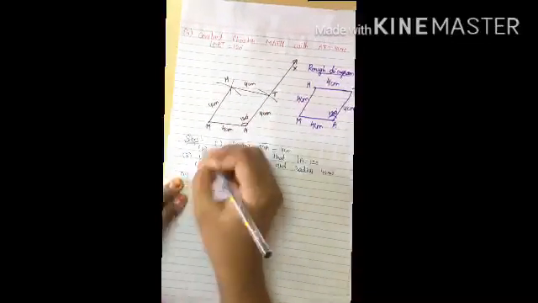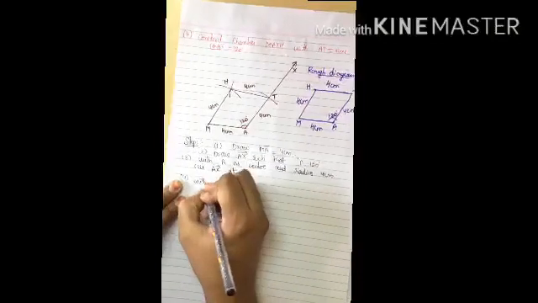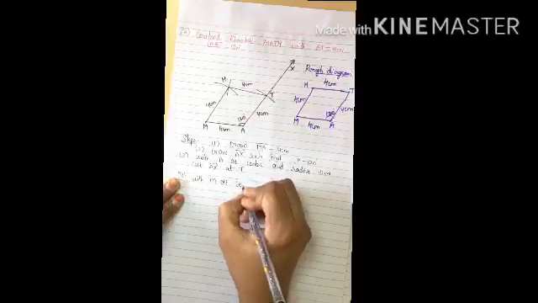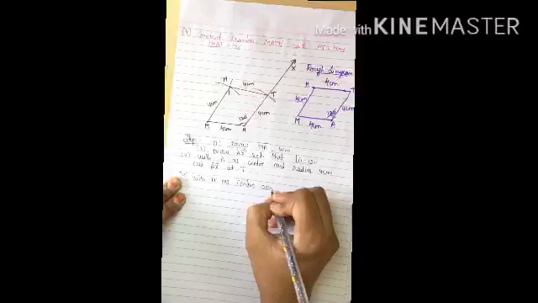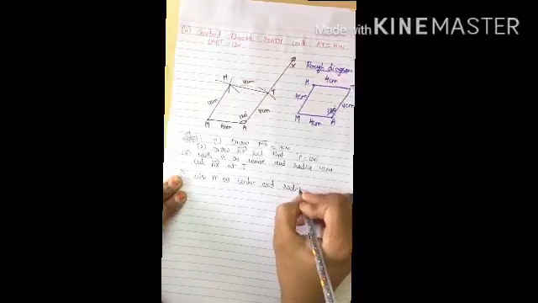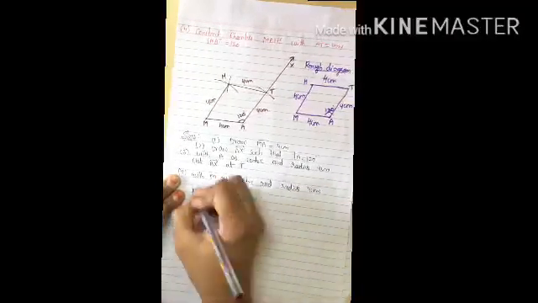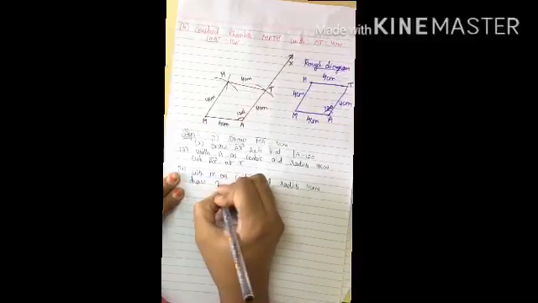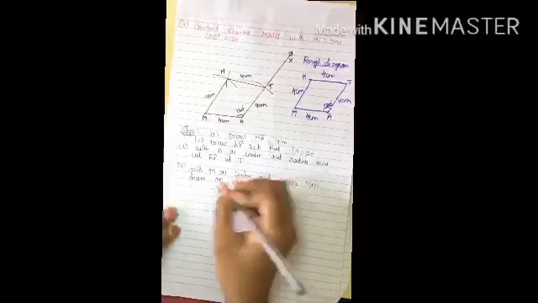Next, with M as center and radius 4 centimeters, draw an arc.